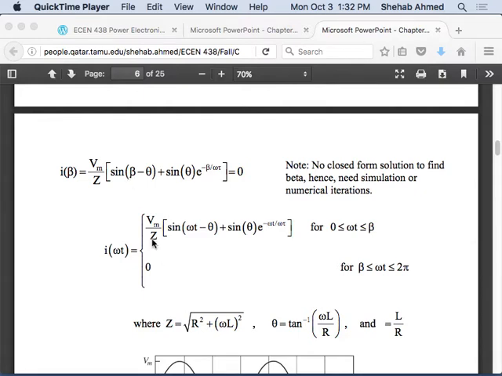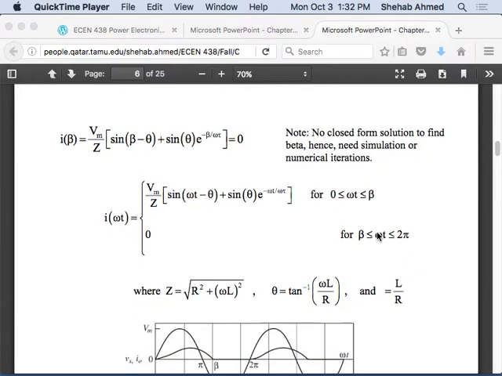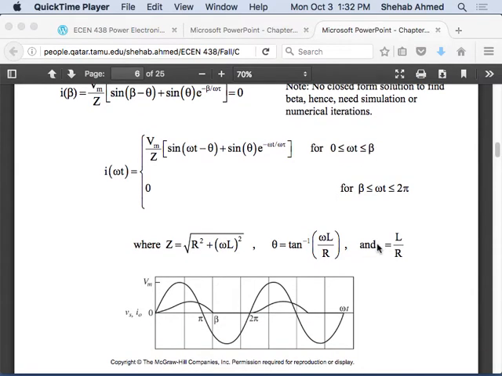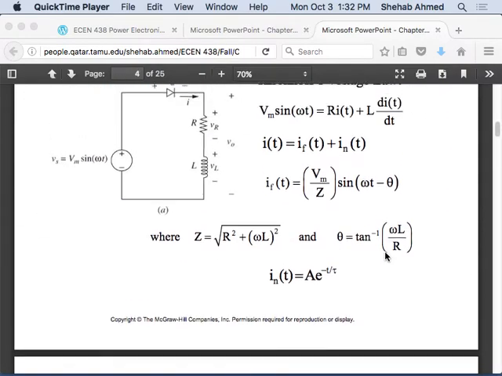So this is the equation for current from 0 to beta. The objective of this numerical solution was to find beta, so you know which angle you're stopping at. Sorry, this is tau, and tau is equal to L over R. The time constant is equal to L over R. I think I wrote it up here properly.